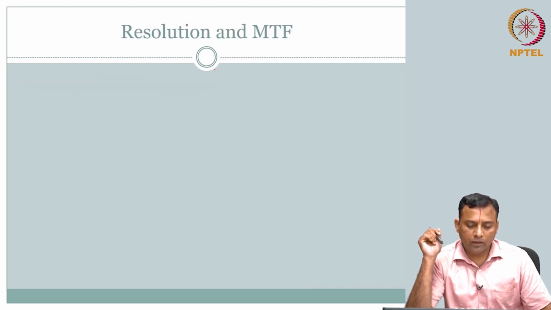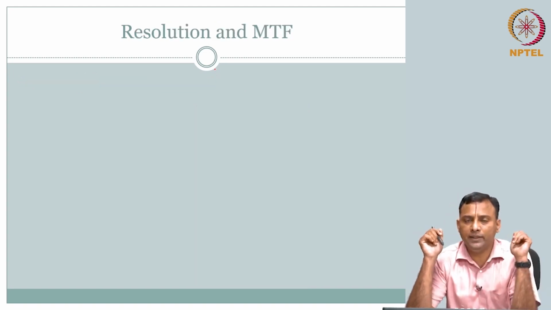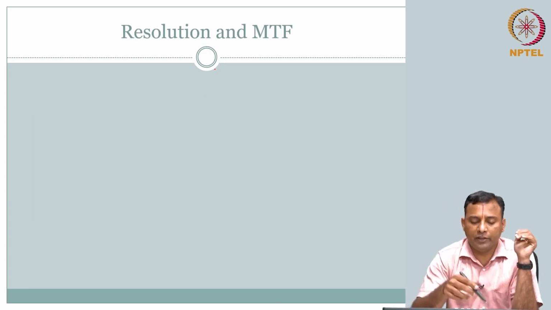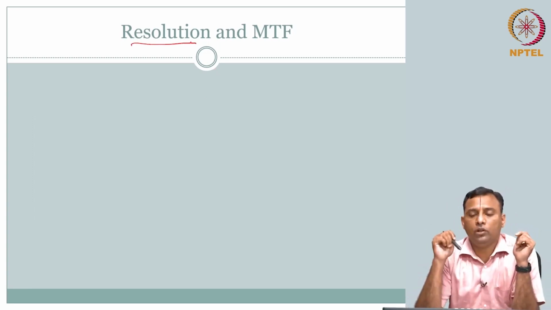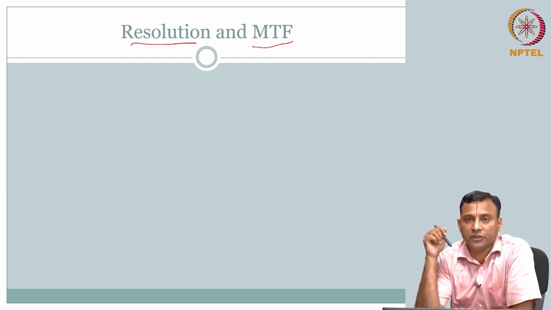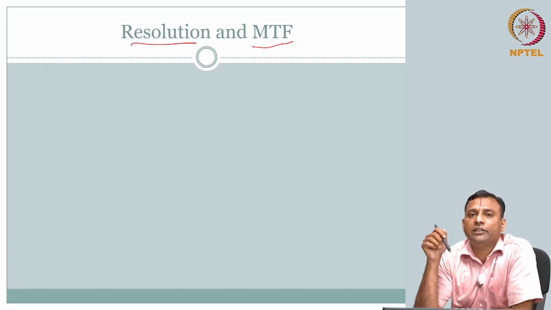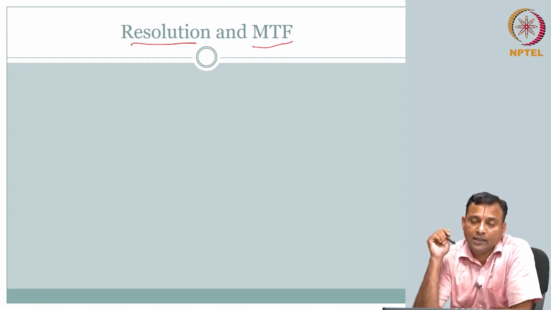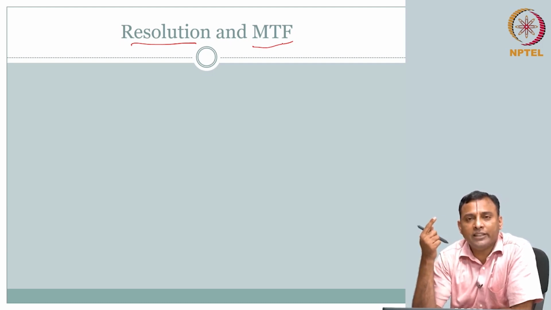So what we need to finally do is connect what we have introduced about resolution to what we already talked about in terms of transfer function, modulation transfer function. Why modulation transfer function? We introduced the idea of modulation function and modulation transfer function essentially to capture contrast. How was the typical modulation transfer function plot?